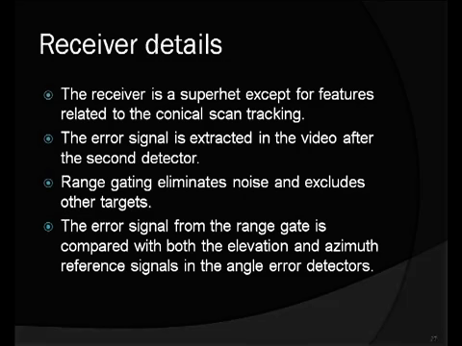So, range gating eliminates noise, and the range information is obtained from the sum channel output of the antenna. These can be used as a reference so that azimuth and elevation angle informations can be obtained by comparing the received signals from the sum signal in the error detectors.